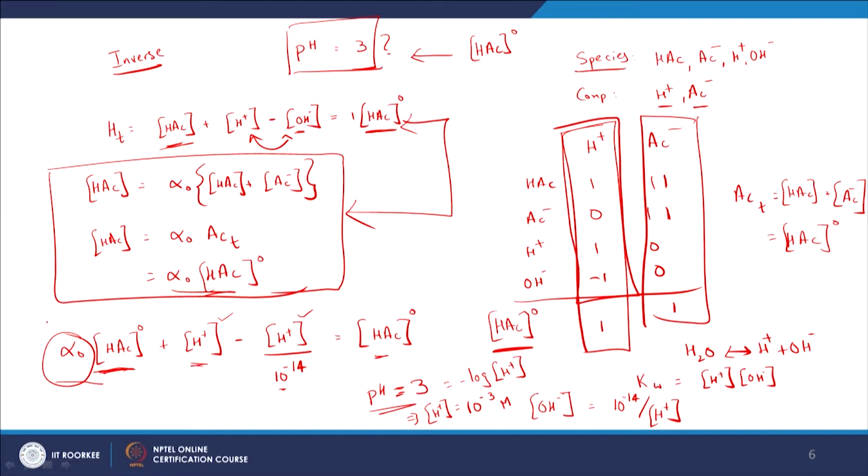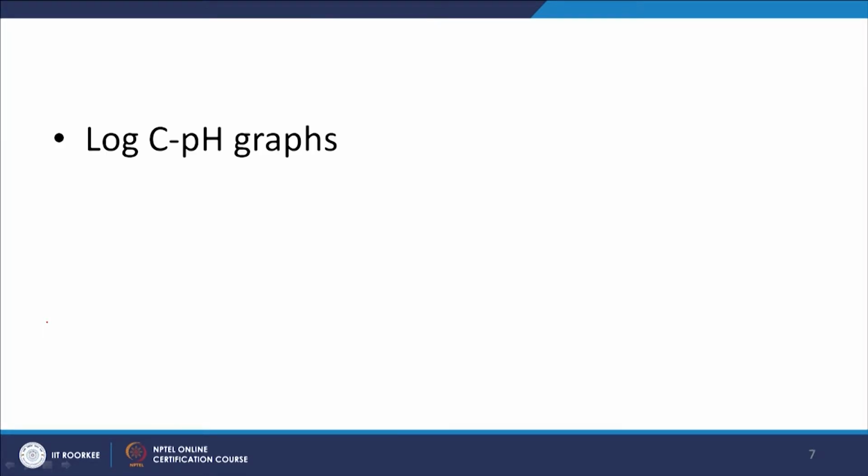Let us move on to the next slide. So it is alpha naught into HAC naught plus H plus minus H plus by 10 power minus 14 is equal to your HAC naught, and you already have the information that H plus is going to be equal to 10 power minus 3 molar.